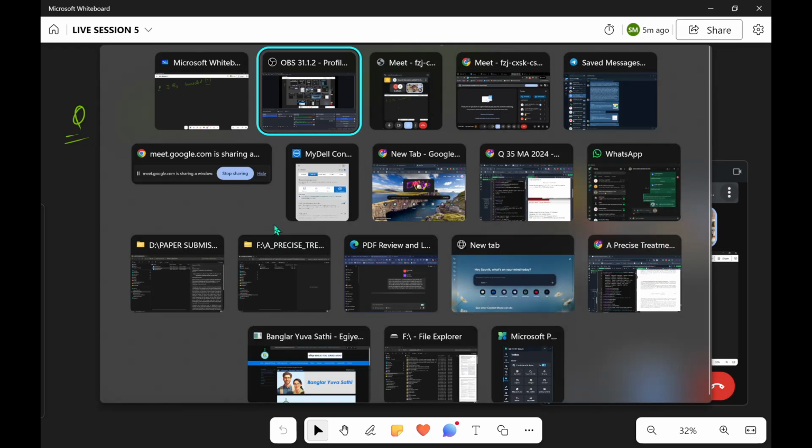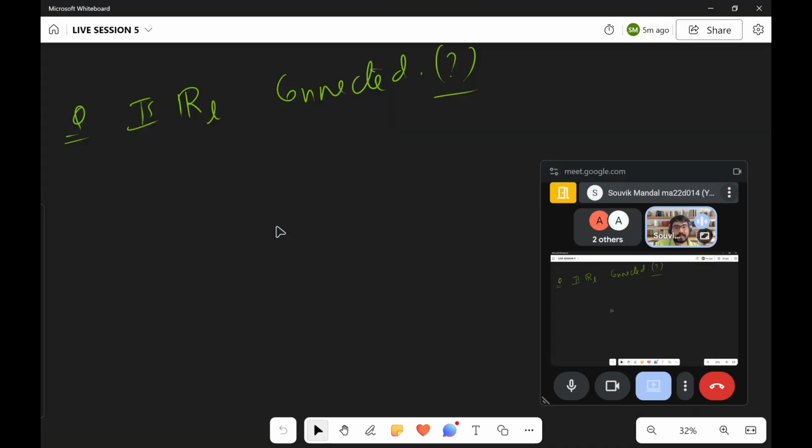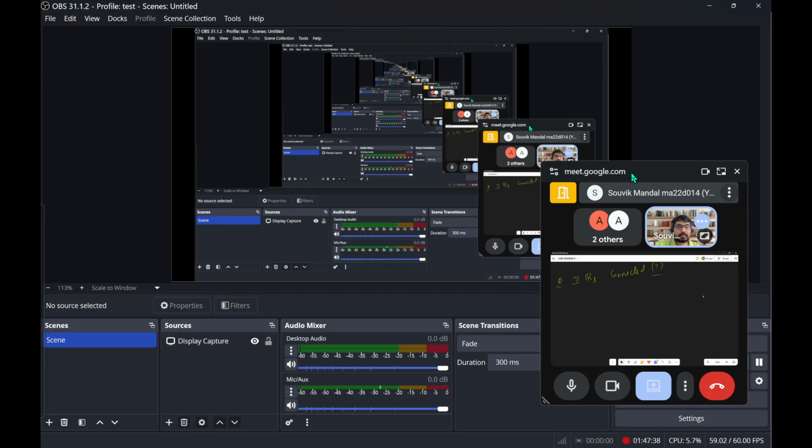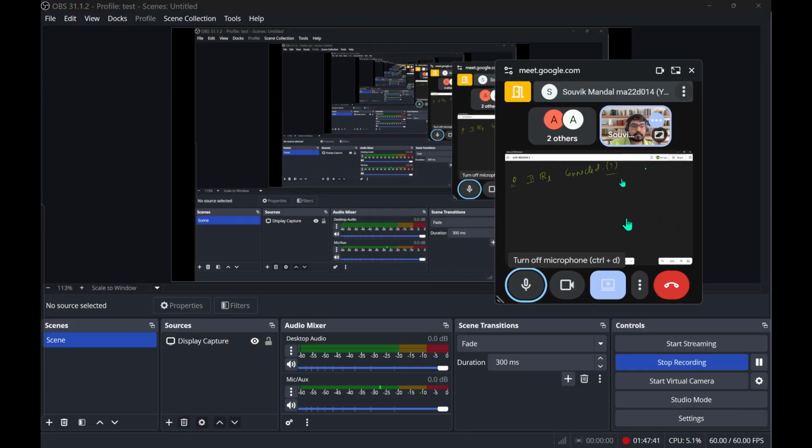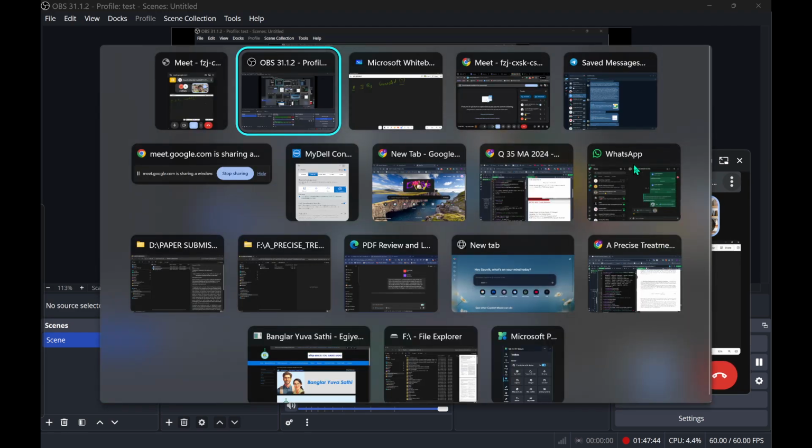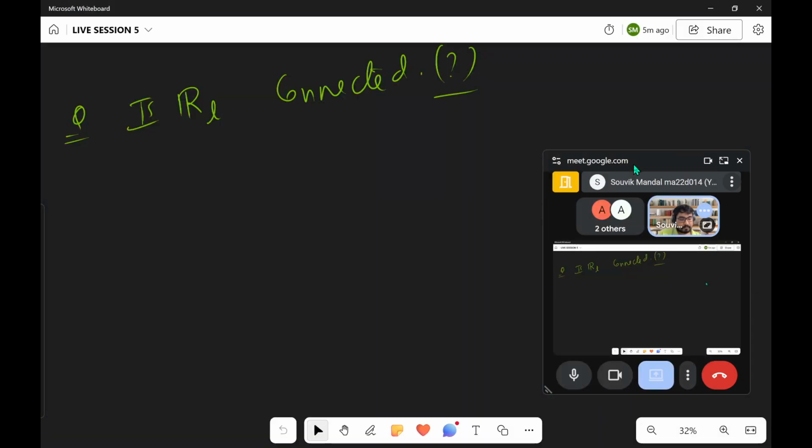Any idea? Any guess? First, you have to guess, of course, right? Any idea or guess?